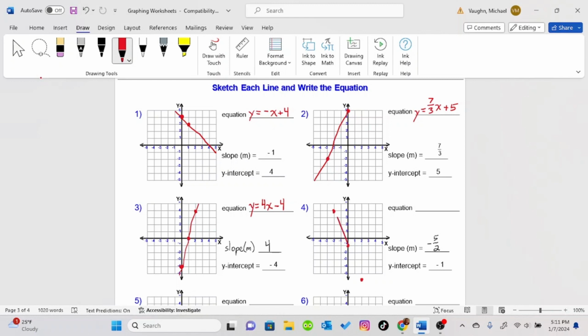Now we can draw the line connecting them, and we have our graph. And to write the equation, we have y equals the slope, -5/2, x, and the y-intercept, -1.